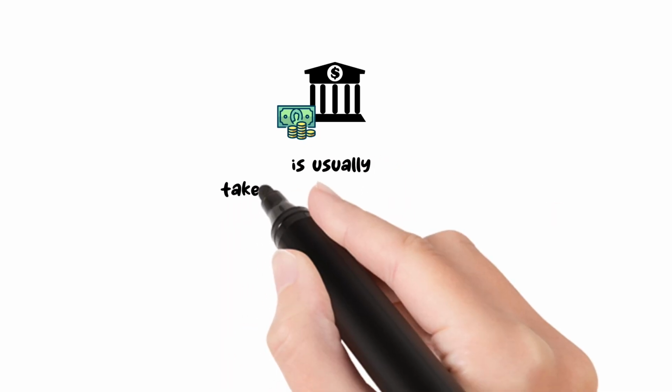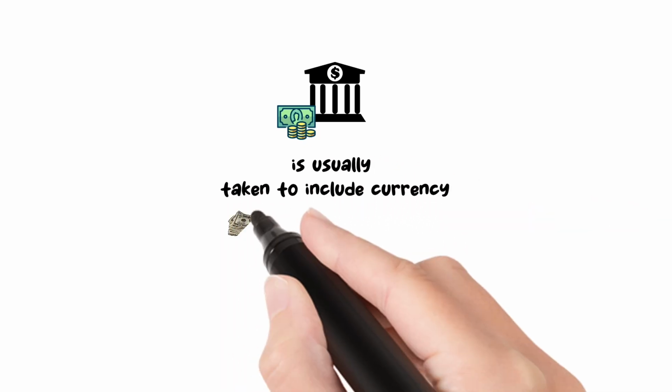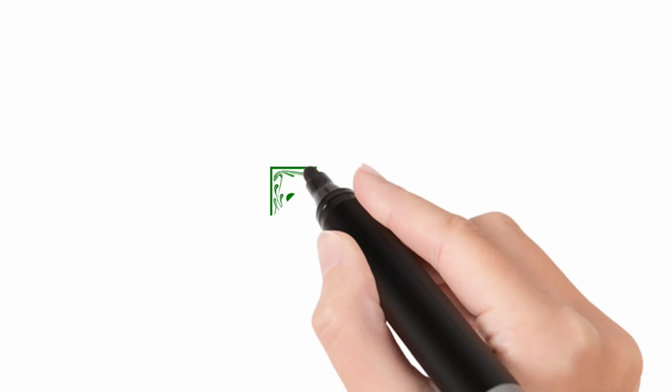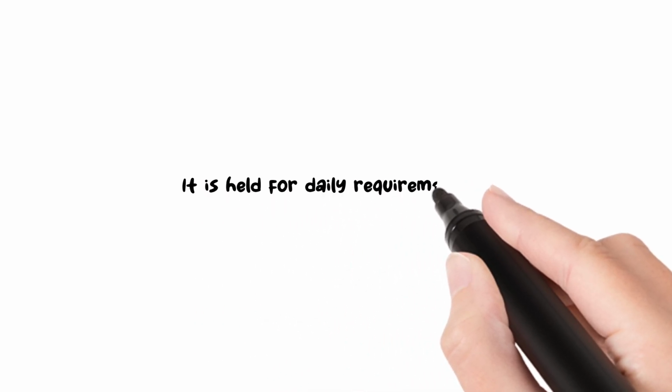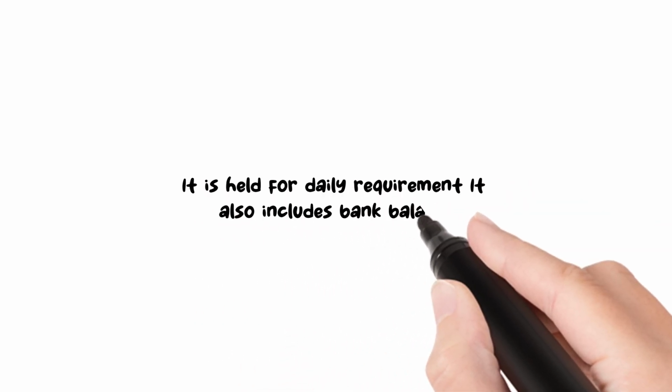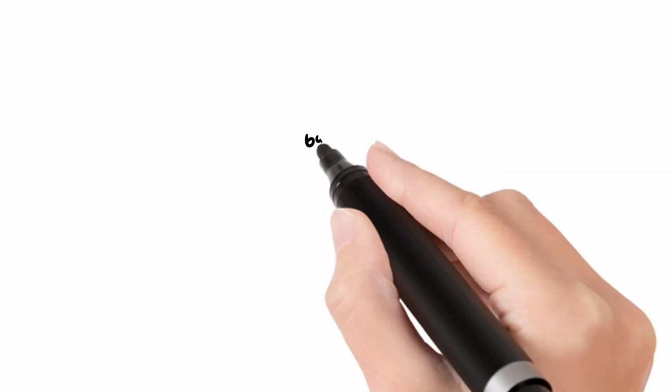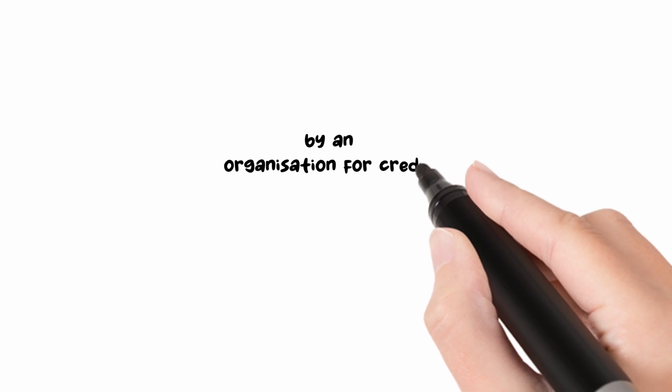Cash in bank is usually taken to include currency, like foreign currency, checks, or any other instruments which are easily convertible into cash. It is held for daily requirements. It also includes bank balance. Debtors represent balances receivable from customers by an organization for credit sales made.